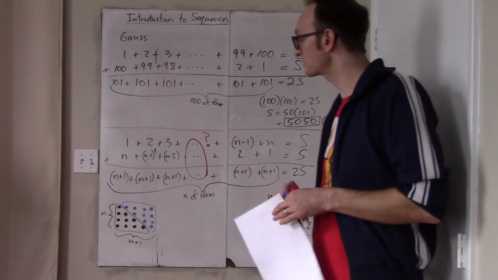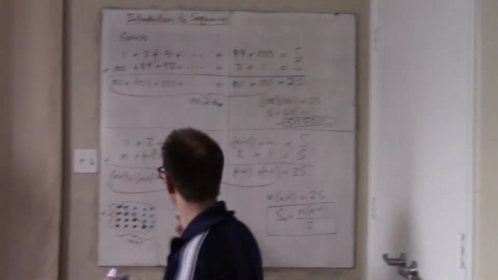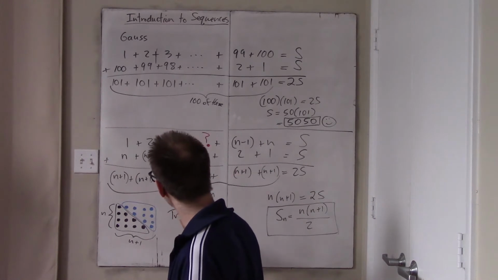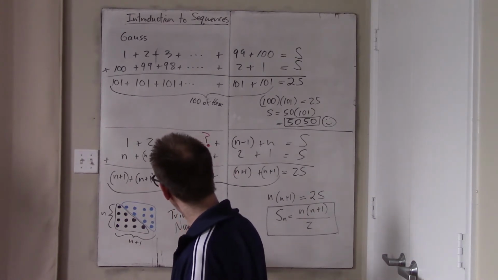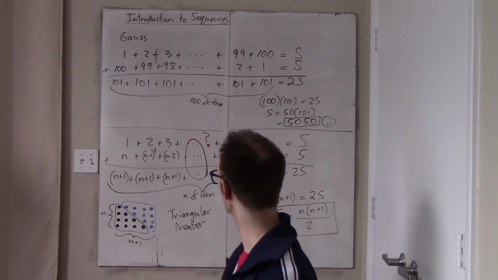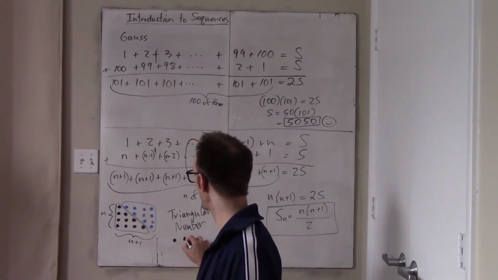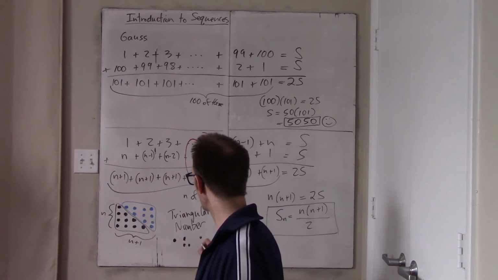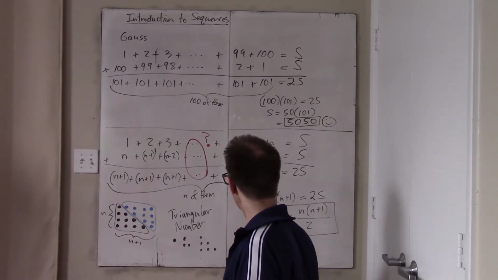This argument gives rise to something called a triangular number. What is a triangular number? A triangular number is any number which is the sum of the numbers from 1 up to that point. The first triangular number is 1, the next is 3, the next is 6, and the next is 10.